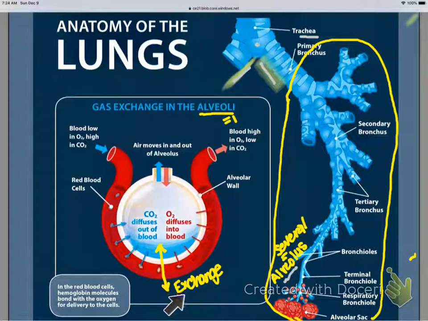And I wrote here exchange because you've got your gas exchange, and we're going to talk a little bit about that. I personally would probably have drawn the blood coming in blue instead of red.